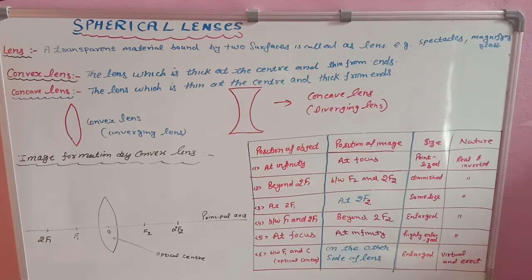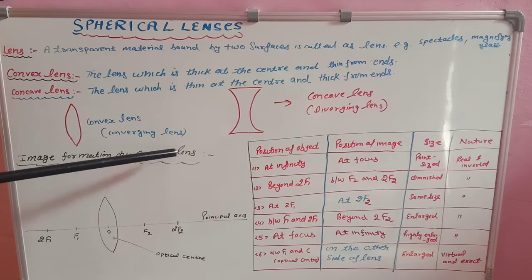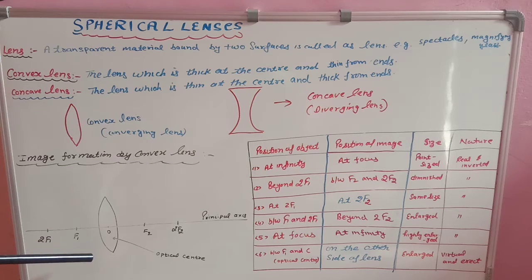Before that, let us see the very basic diagram. As we have started with the convex lens, this is the convex lens. The first point you will draw is in the center of the lens. This is called the optical center.